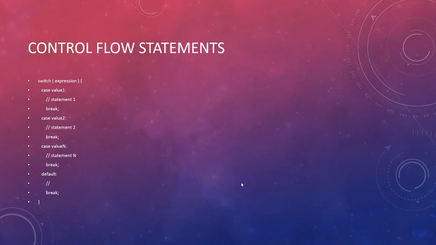A switch case is a statement which evaluates the expression. It searches for the first case value whose expression evaluates to the same value, like value 1, value 2, till value n, as many as you declare. The switch case statement will execute the statement in the first case clause whose value matches.